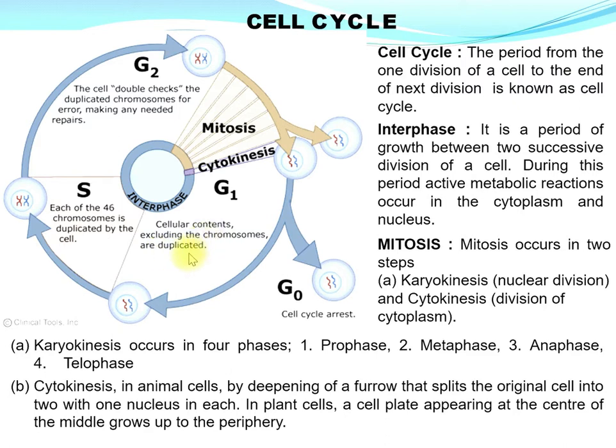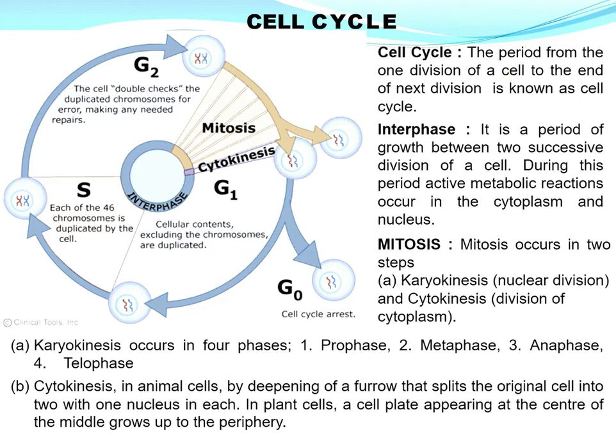So this is where the G1 phase is completed. At the end of G1 phase, the cell has two options: it may enter into S phase, or it may leave G1 phase and enter into G0 phase. This G0 phase is the resting phase, where the cell escapes the cell cycle and stops dividing temporarily or permanently.